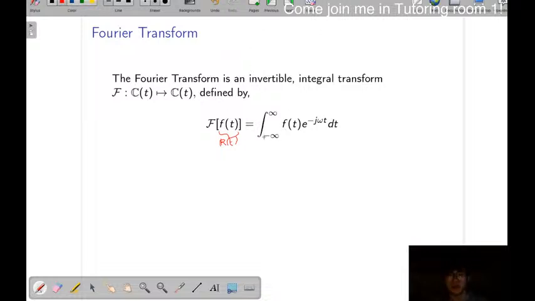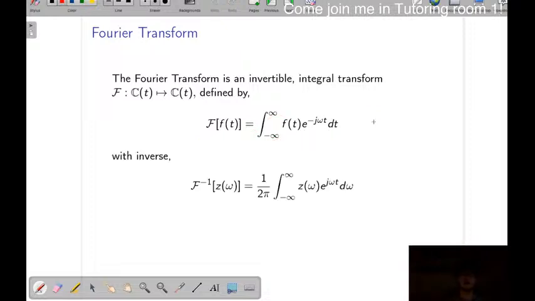So if we take the integral from negative infinity to infinity of f of t times the complex exponential, the inverse of it, then that gives us our Fourier transform. This is sometimes written F of omega if our function is f.